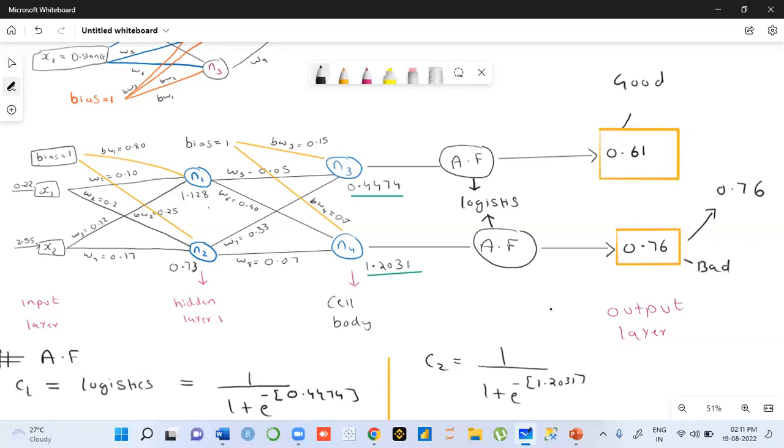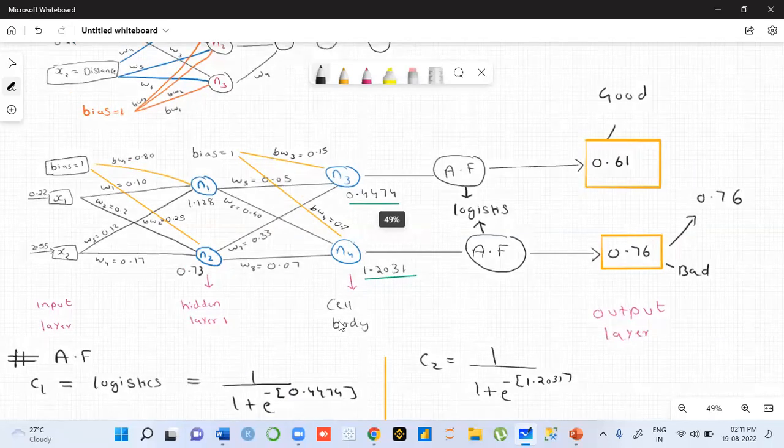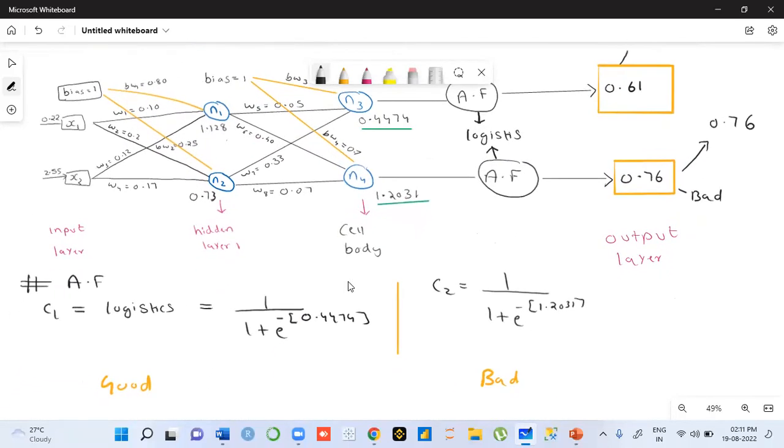Now, here we have two different probabilities, we have for 0 also and we have for 1 also. Now, can you do the sum for N1 and N4 and give me the number? Just give me the sum of N1 plus N4. 1.65. Can you take their logistic one?